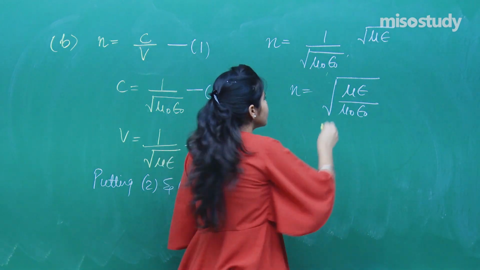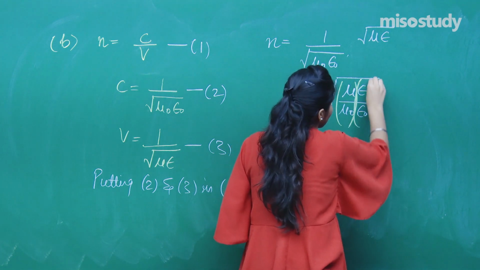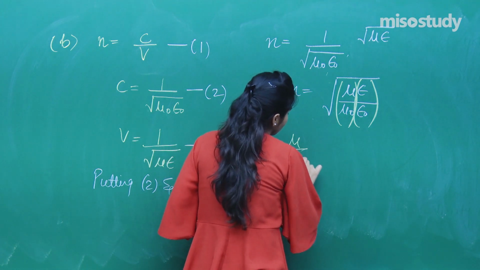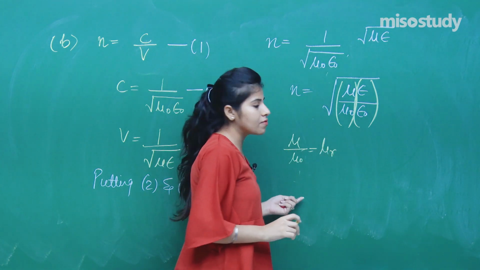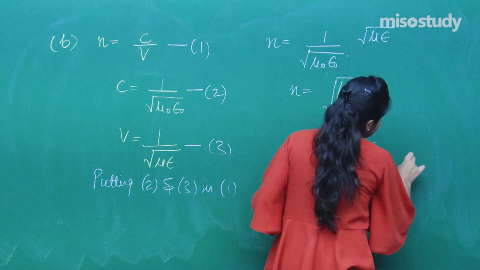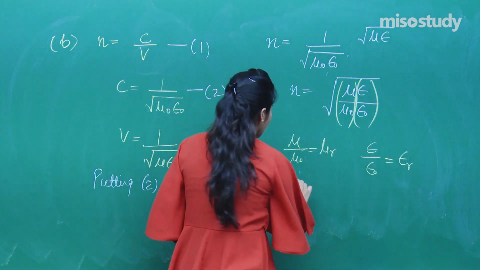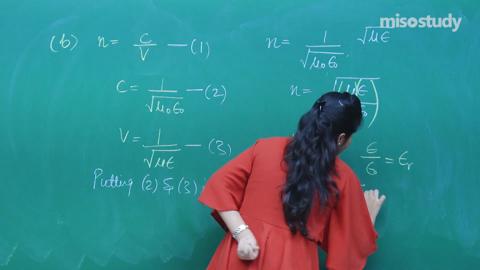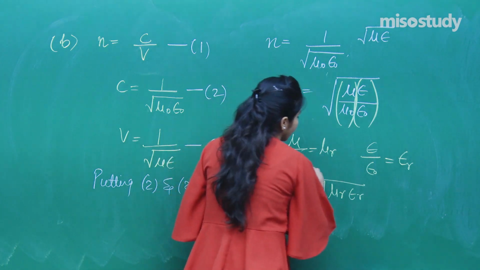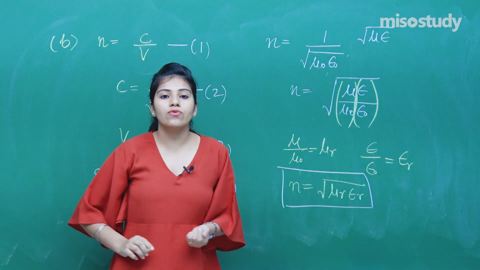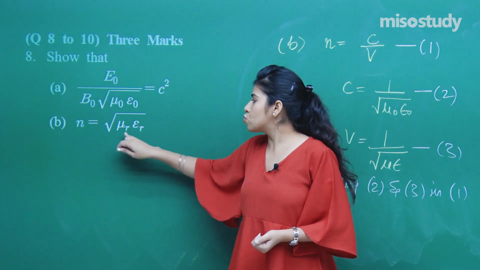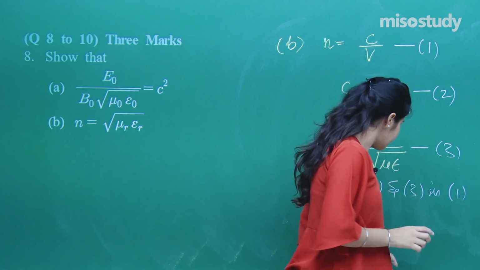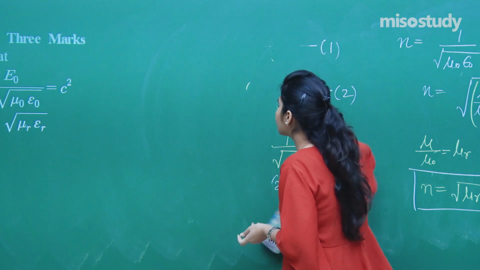Now see, mu upon mu naught and epsilon upon epsilon naught are nothing but the relative terms. So mu upon mu naught is mu r, relative, and epsilon upon epsilon naught is epsilon r. So we can put this value, and we will have n equals under root mu r into epsilon r. So this is our left hand side and right hand side which we have proved, and which we were given in the question: n equals under root mu r into epsilon r. So this was the question which we have done. Now we are going to move on to the next question, which is question number 9.